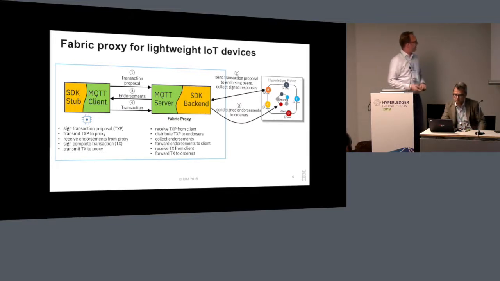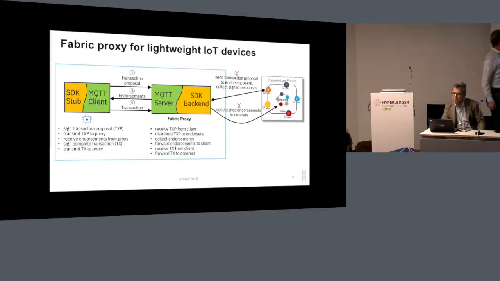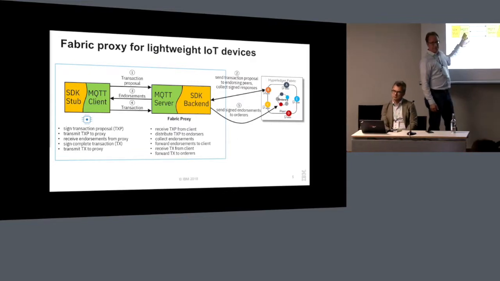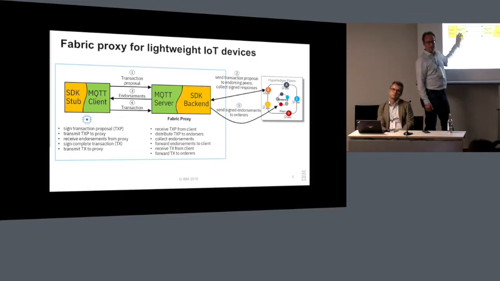The transaction proposal goes from the SDK stub that runs on the device to the SDK backend that runs on some cloud service, say. And they are connected by an MQTT broker. MQTT is a protocol that is very lightweight and that is very commonly used to connect IoT devices with the internet. So it's more lightweight than a RESTful interface, say.